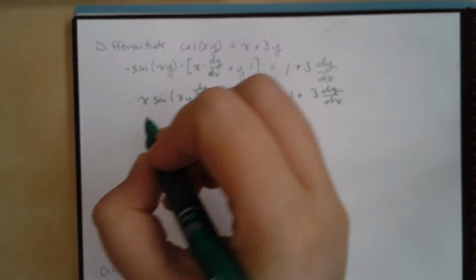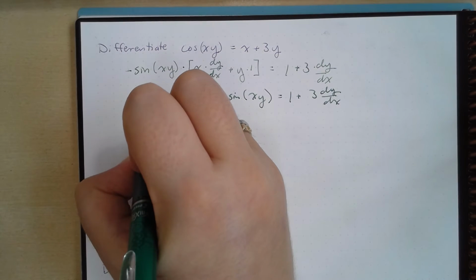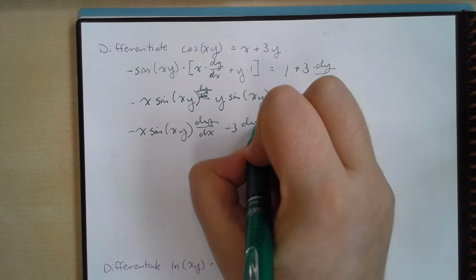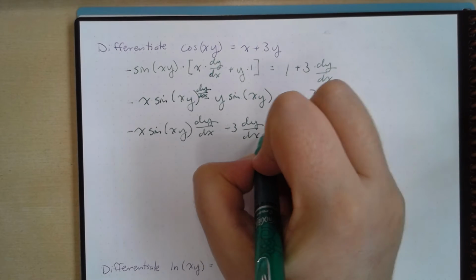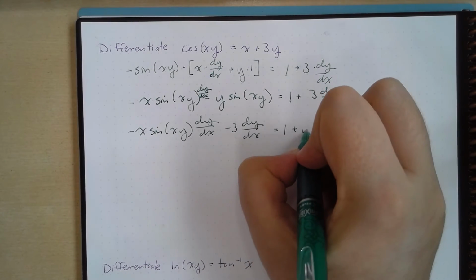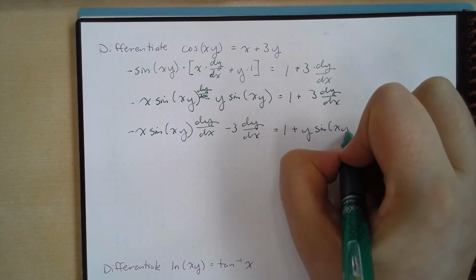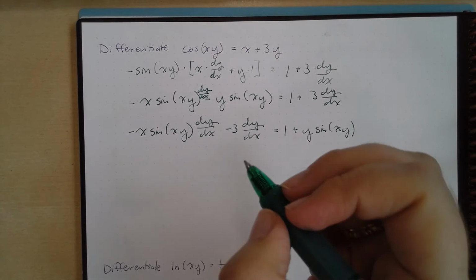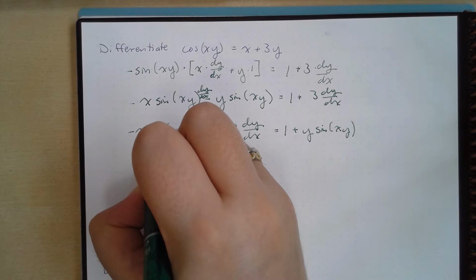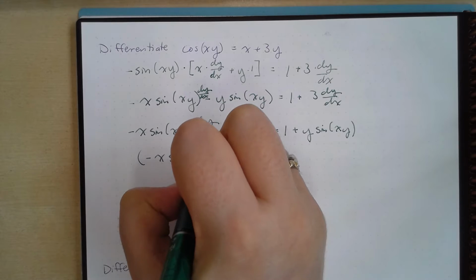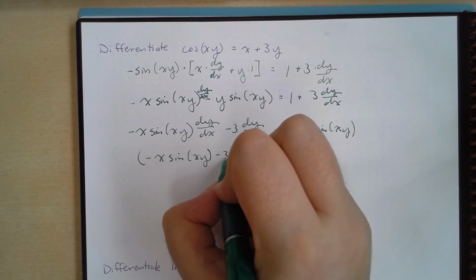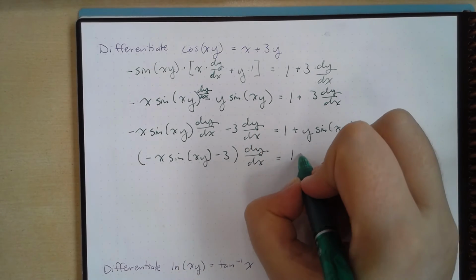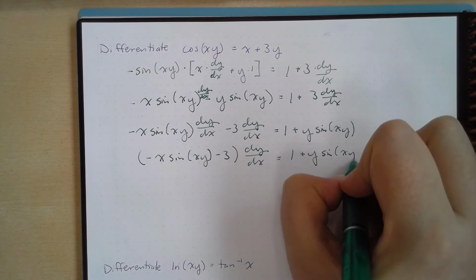Okay. So now I'm going to move some stuff over. I've got negative x sine of xy dy over dx minus 3 dy over dx is equal to 1 plus y sine of xy. I think that's so far so good. So now I can pull out dy over dx: negative x sine of xy minus 3 times dy over dx is equal to 1 plus y sine of xy.